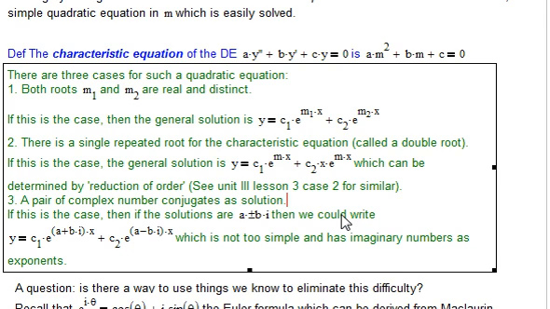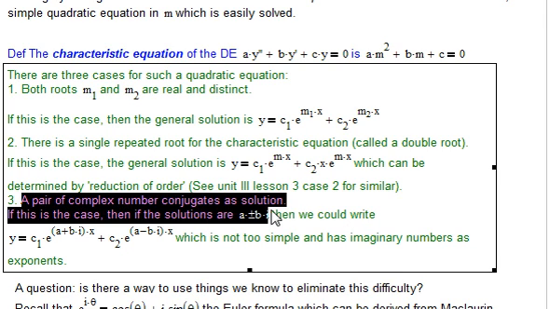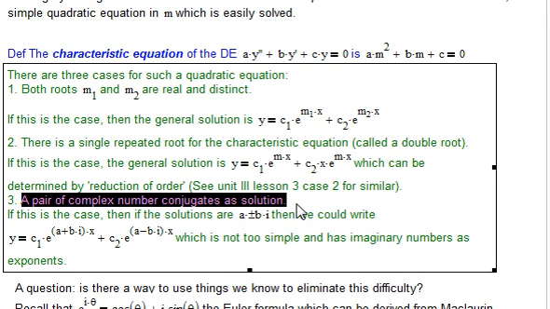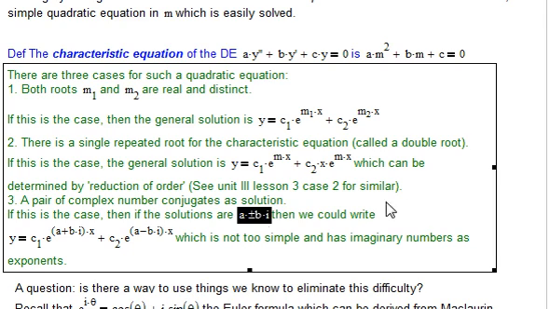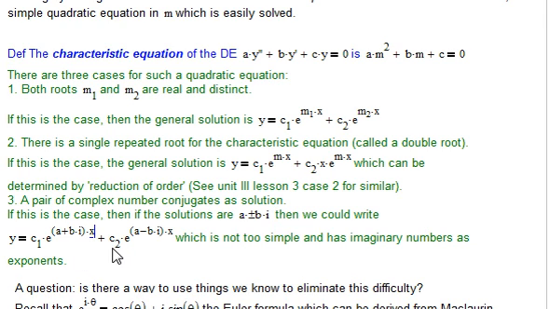Now, here's where it gets tricky. Suppose your solution is a pair of complex conjugates. In this case, let's say a plus or minus bi are the solutions. Then we could write, but it would be extremely nasty, y is c1 times e to the (a plus bi)x plus c2 times e to the (a minus bi)x.